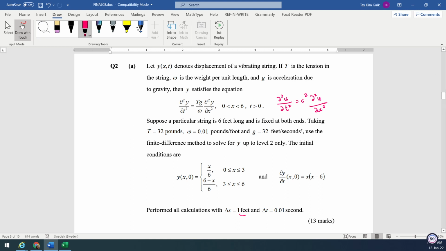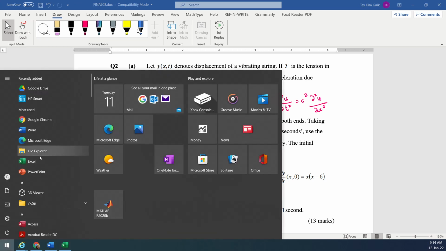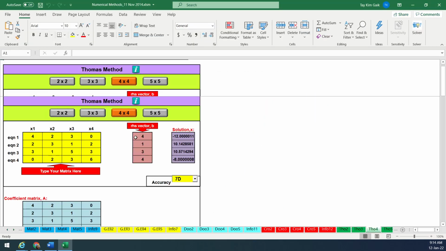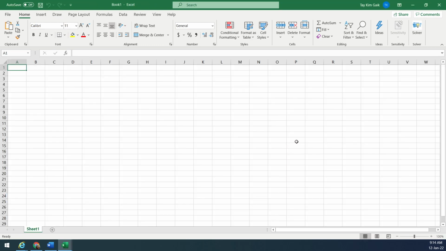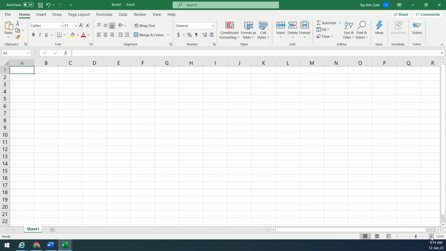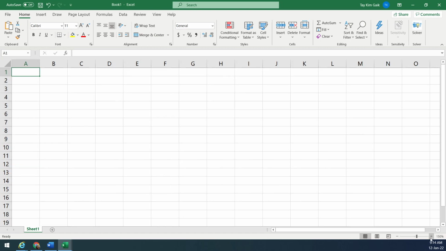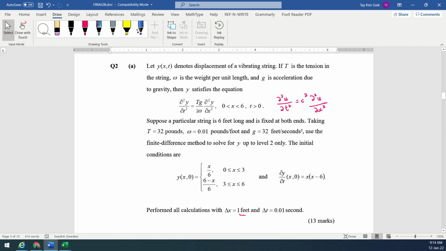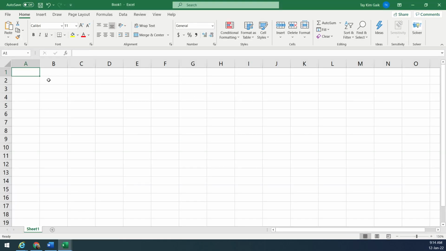Because this set has no marking scheme, that's why I picked this set. So I'm going to go to the board.